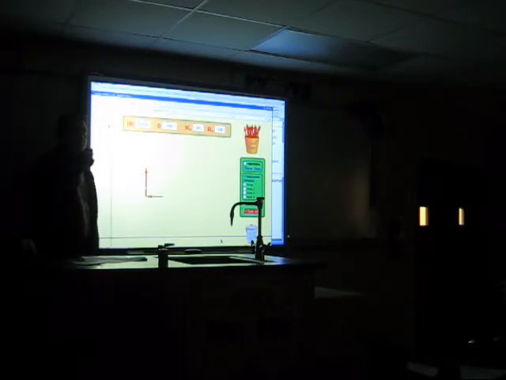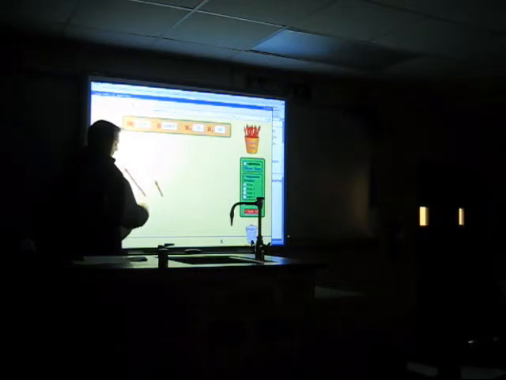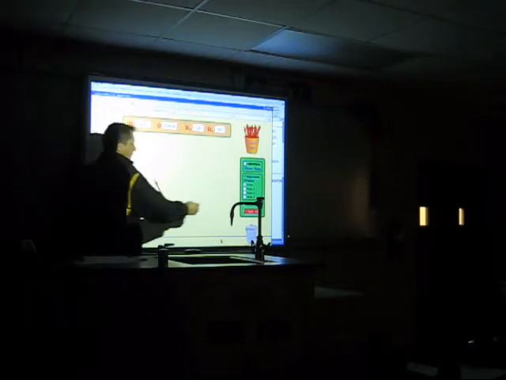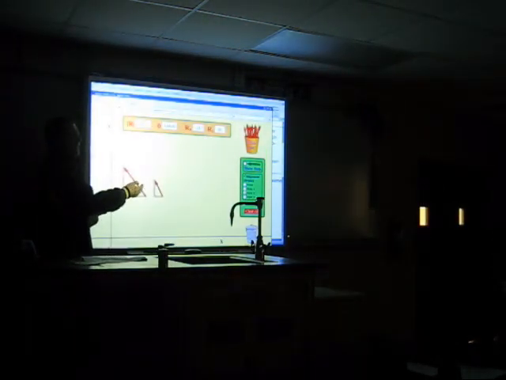Yes, sir? What if it's not a 90-degree angle? Good question. If it's not a 90-degree angle, so I have something like this and like that, those two are not perpendicular. So all you have to do first is break them into their components. I'm going to do SOHCAHTOA.